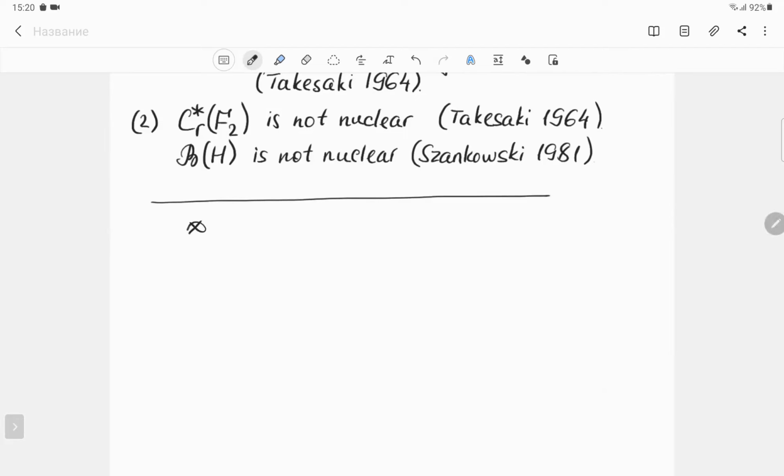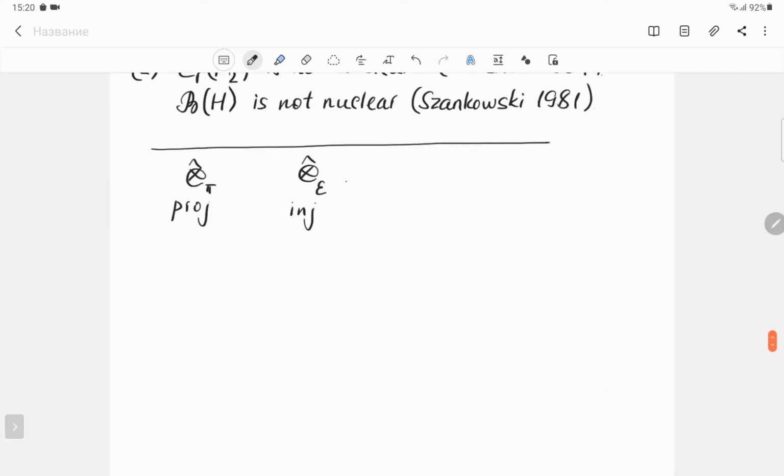The so-called projective tensor product, denoted like this, and the injective tensor product, denoted like this. Each of them is defined as the completion of the algebraic tensor product with respect to a suitable cross norm. This is the projective tensor product. And the injective tensor product.